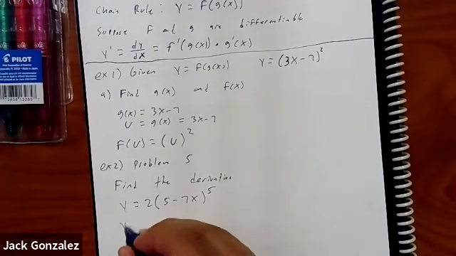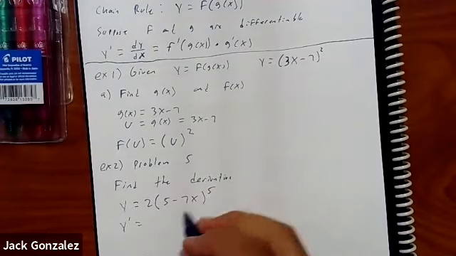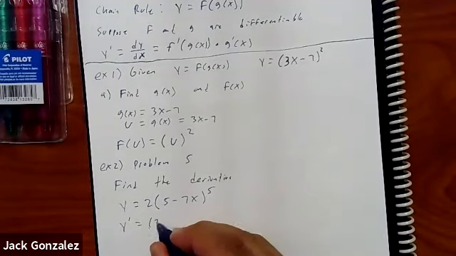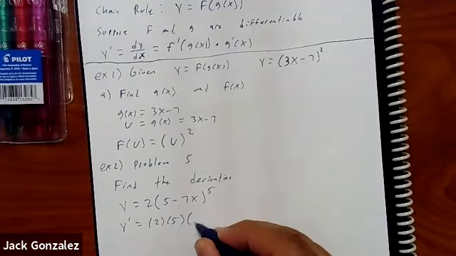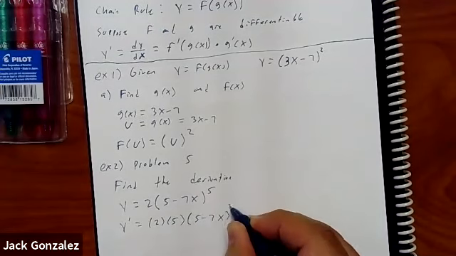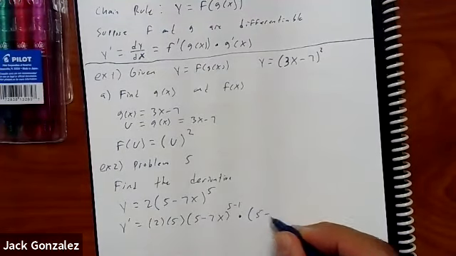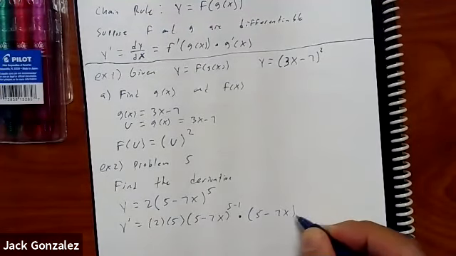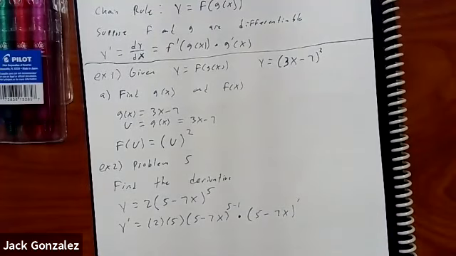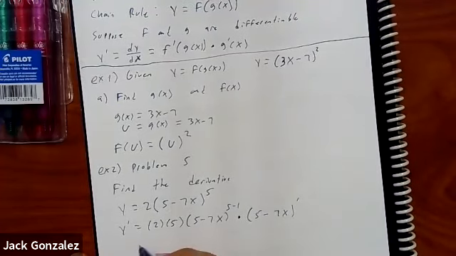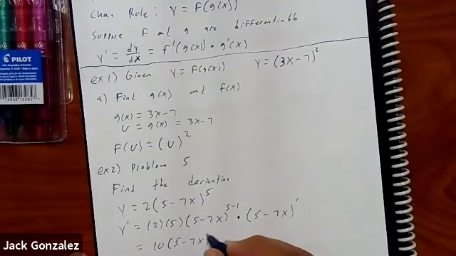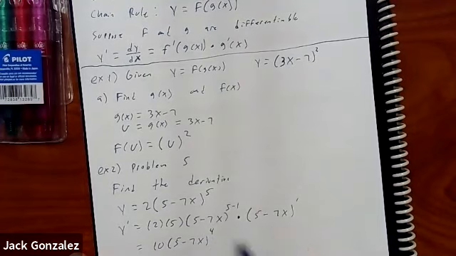So the derivative will be, you take the derivative of the outside, so that's a power rule. So you bring down the 5. You do nothing with the inside, and you subtract 1. Then you multiply by the derivative of the inside. That's what this formula is saying here. Does that make sense? So this would be 10 times (5 minus 7x) to the 4th times that derivative.